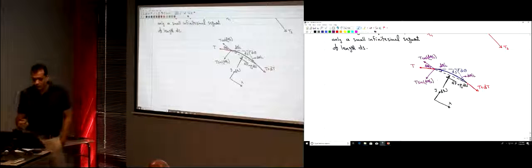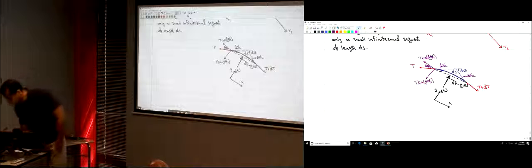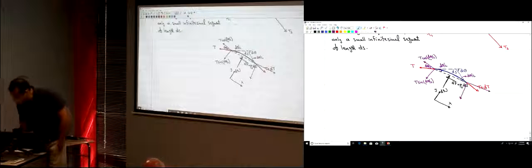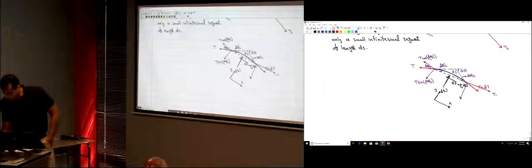I want to do the same thing here. The two components: here we have T plus dT. This angle is d theta divided by 2, so it's cosine d theta divided by 2.